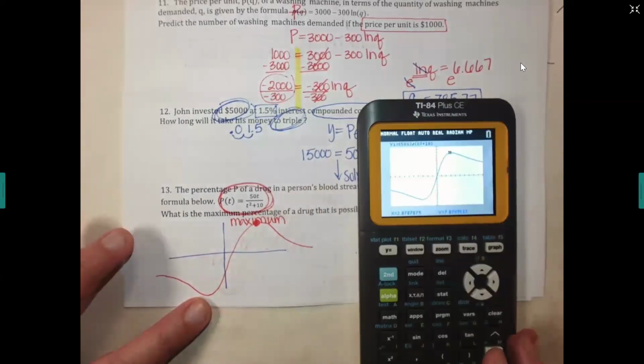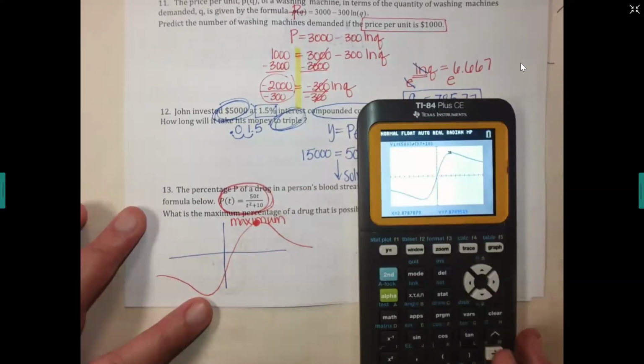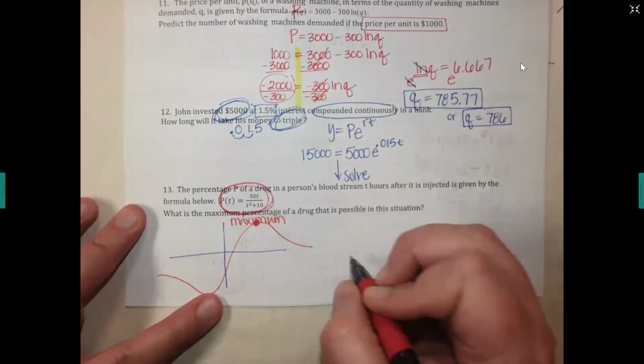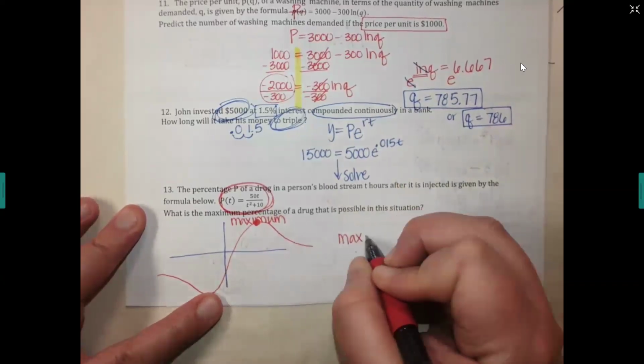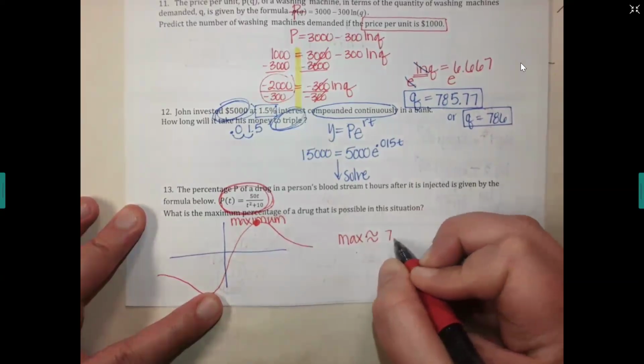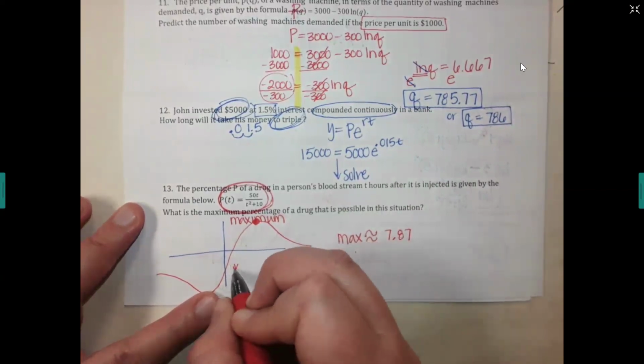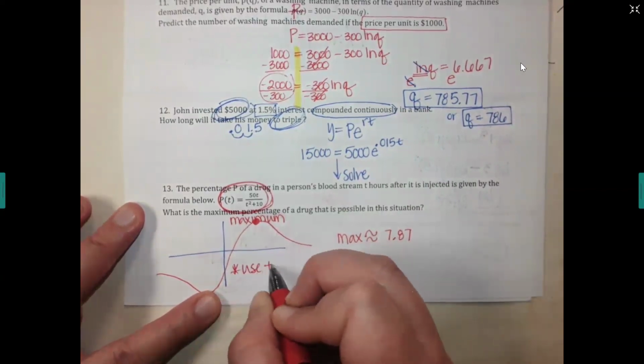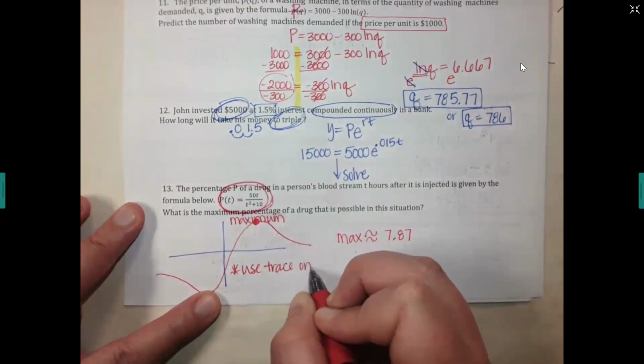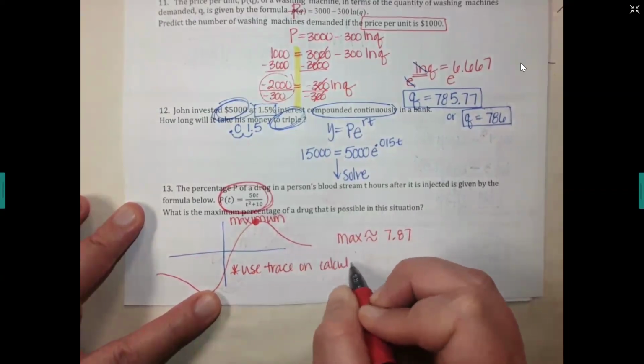And the highest that I see it goes is about 7.87. And then I'm going to put here, you can use trace on your calculator.